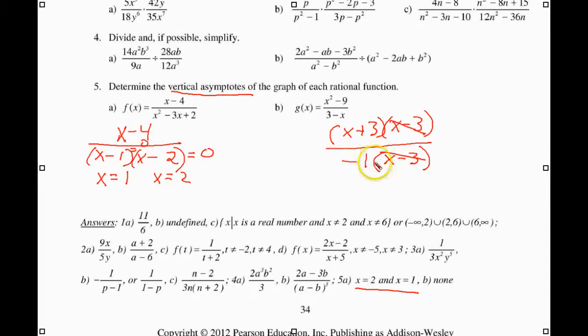So when there is no variable in the denominator, your vertical asymptote is none. I'm not sure how deeply they're going to get into this, but that's how it's done. And this was 34 minutes, so good luck with your practice and your quiz. You need to really work on your factoring skills. Leave your answers in factored form.